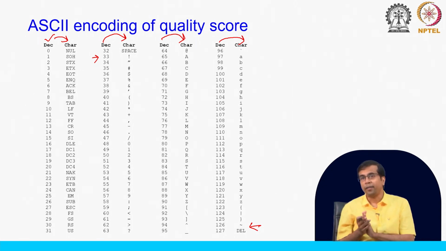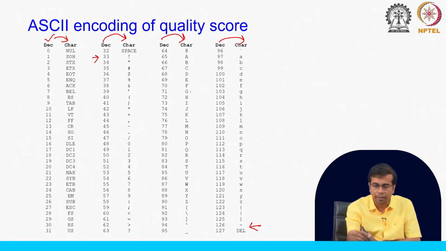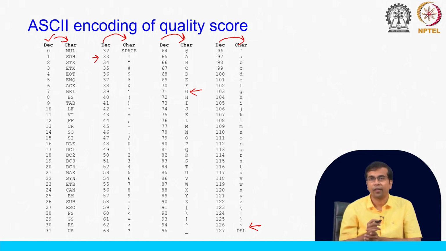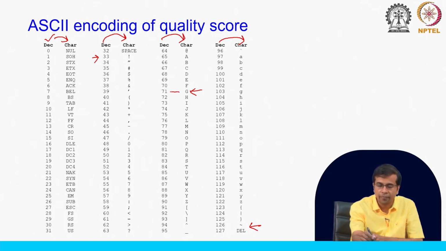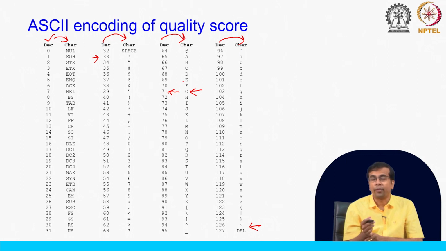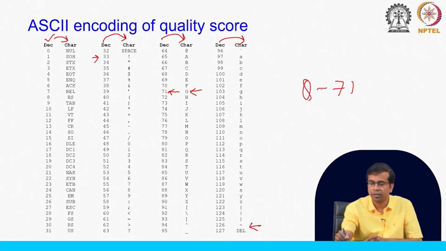On the other hand, if you see the encoding, for example, this capital G, okay, in many of these data sets, for many bases it was G, right, you had this encoding G. So, G corresponds to 71, right. Now, if you want to calculate the actual quality score, the actual quality score will be 71 minus 33 in Phred plus 33 encoding, right.